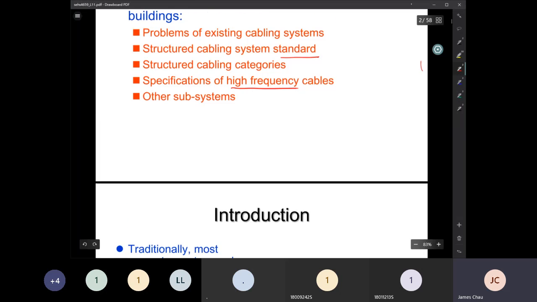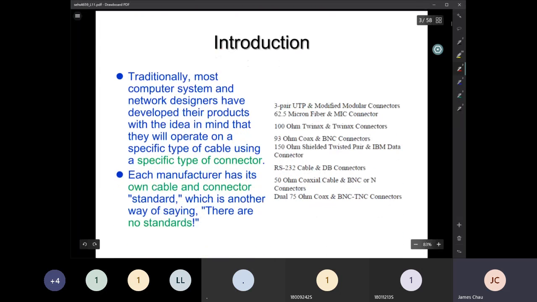Now, firstly, you may find that when we describe each individual system, they should have some specific type of cable and connector, because they are made by different individual manufacturers. They supply their own cable or connector, such as if you are using iPhone, it is using the Lightning connector.